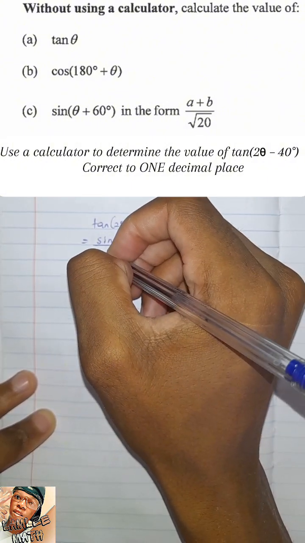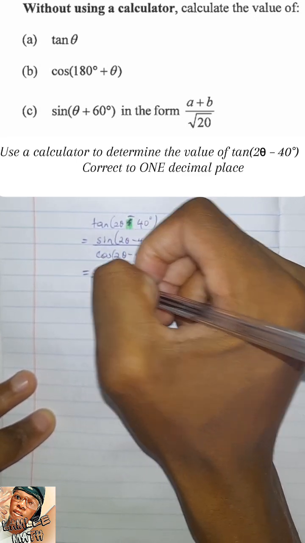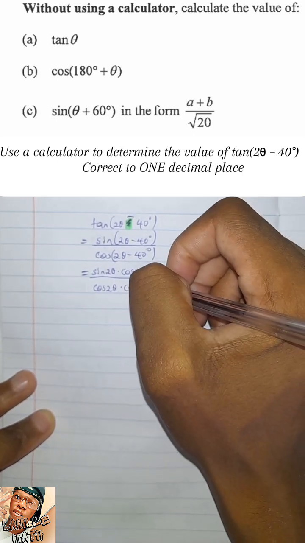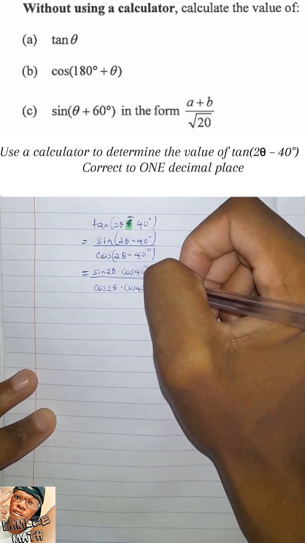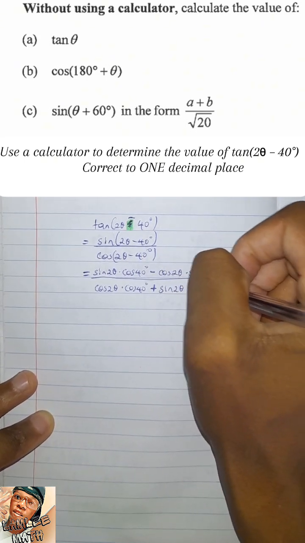And then the compound angle of cos is cos 2 theta cos 40 degrees plus sine 2 theta multiplied by sine 40 degrees.